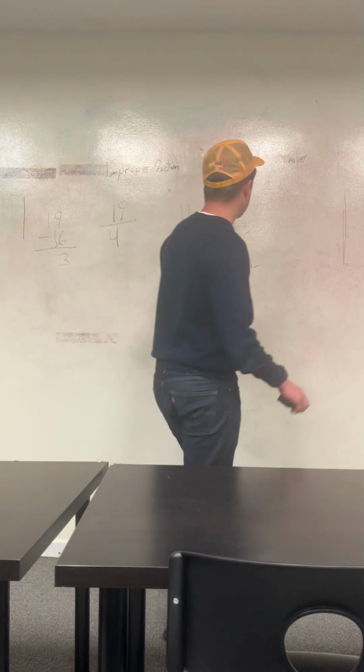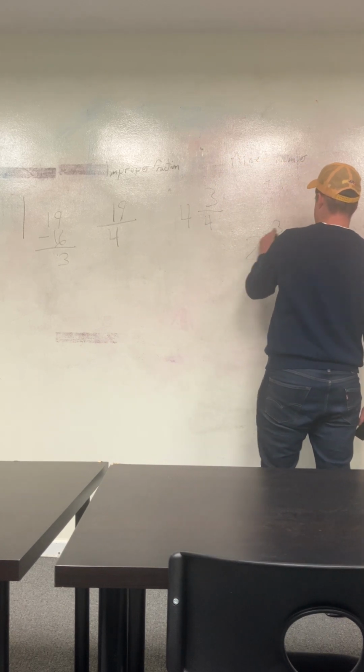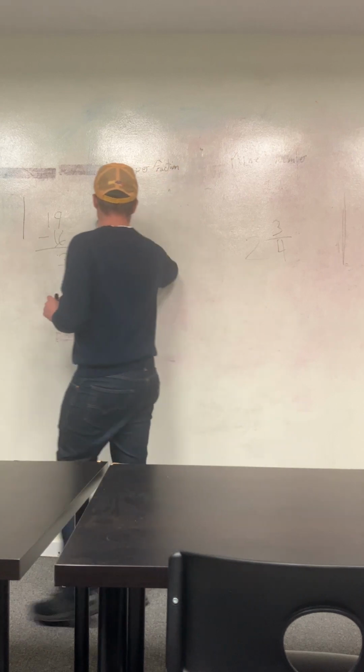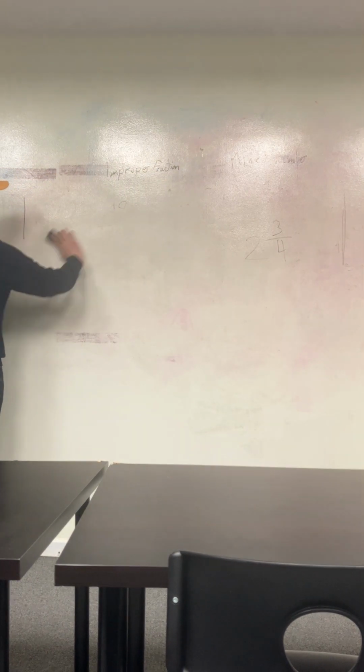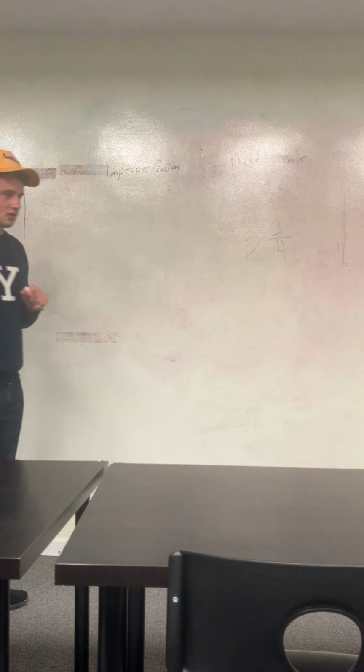Let's try this one. We're gonna go the other direction now. 2 3/4, and I'm gonna change my marker, so we're gonna start this one. Now I want you to go this way. I gotta change markers.